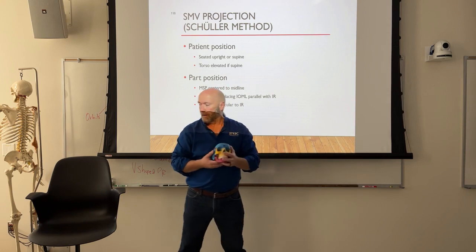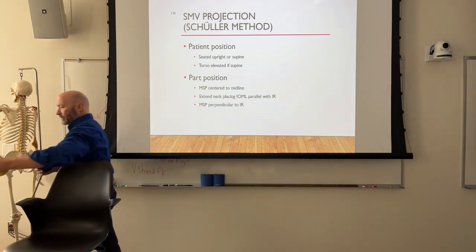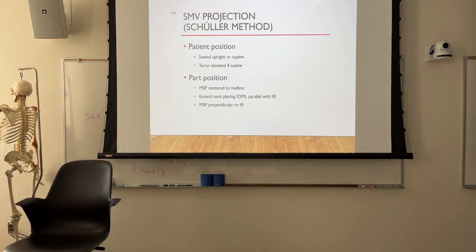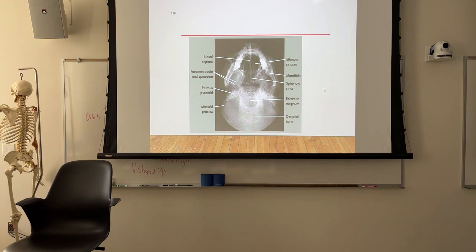So on our image and our evaluation, what we're going to see is this, okay? We have our teeth way out anterior, and we have our petrous ridges here, okay? And you might look at that and say, oh, that kind of looks like a V shape too.